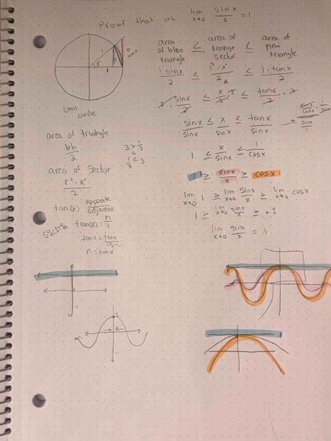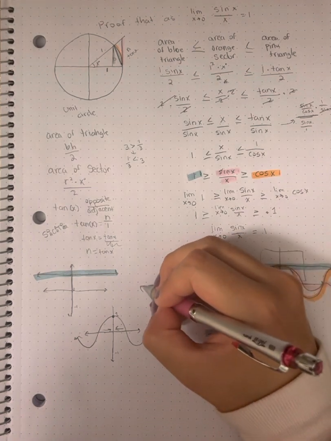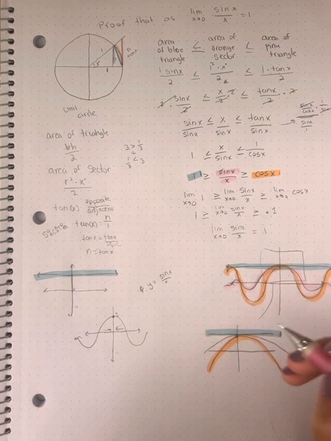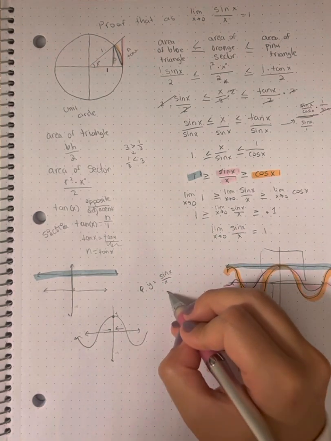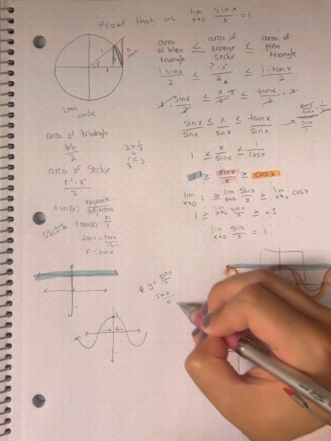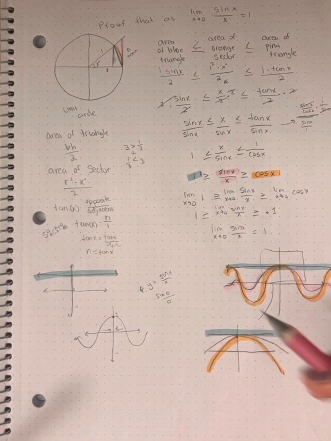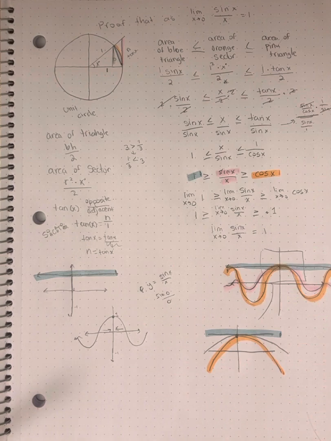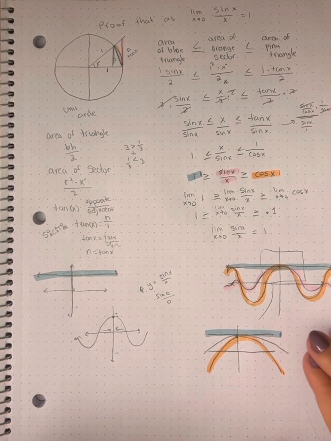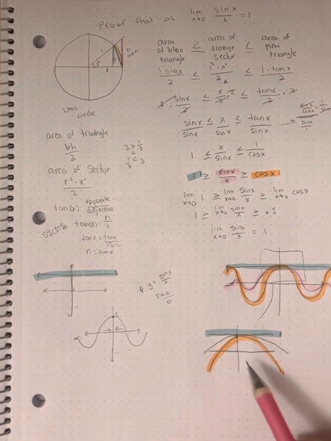Now we know that for y equals sine of x over x, at the point 0, it's undefined. It has a hole because sine of 0 over 0, you can't divide by 0. There is a hole there in our final graph. But for now, let's just look at it as it is.